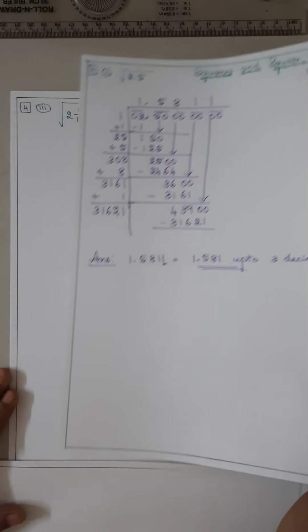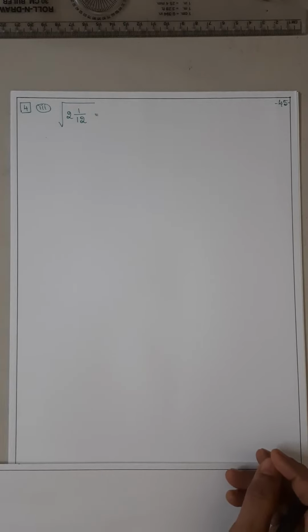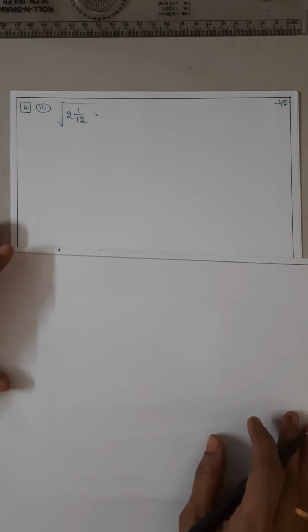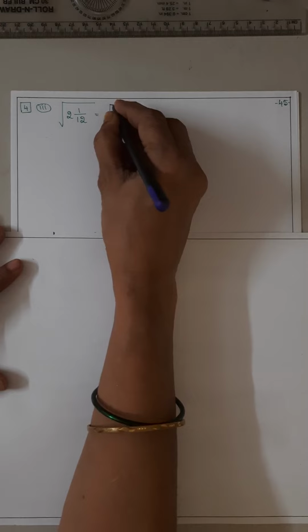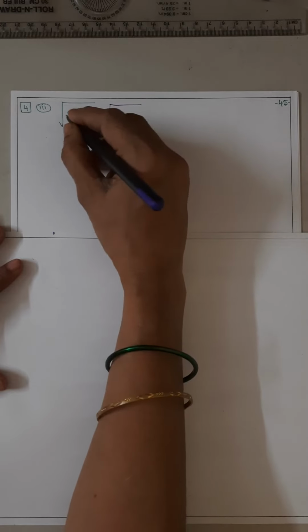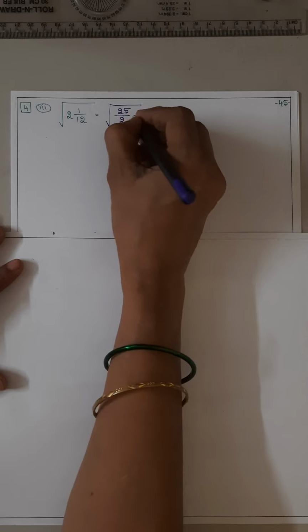Now coming to the third sum, it is a mixed number. Okay, you already know the methods, isn't it? It is 2, 1 upon 12. So first you will be writing square root of 12 2s are 24 plus 1, 25 by 2.